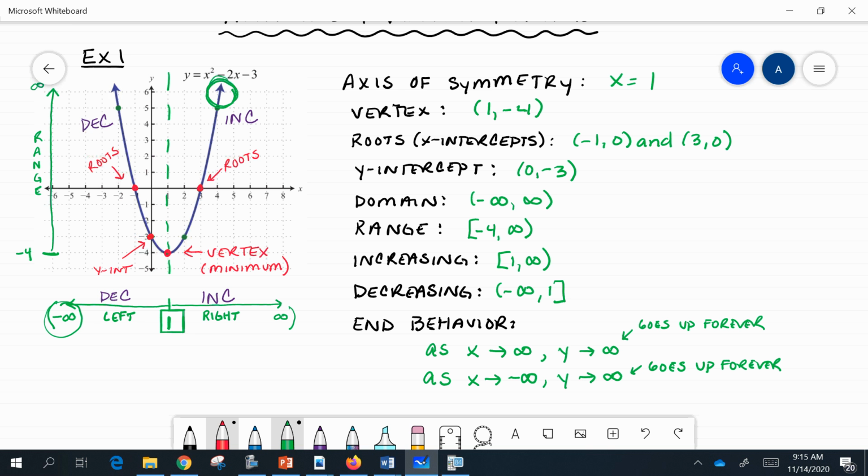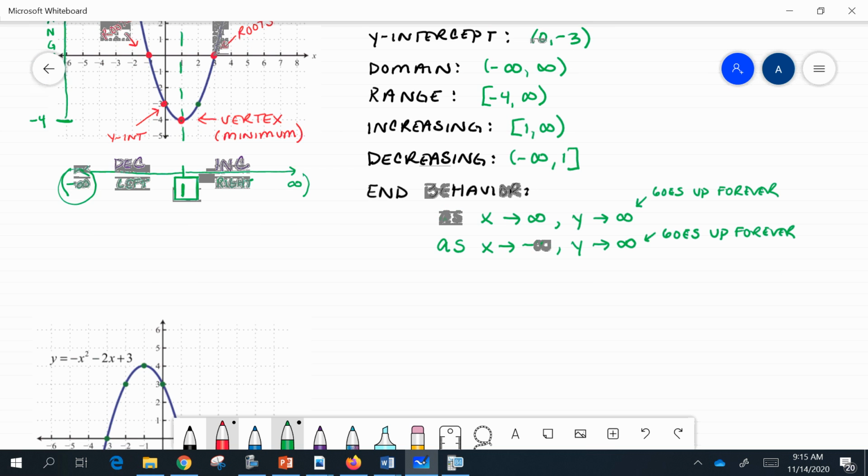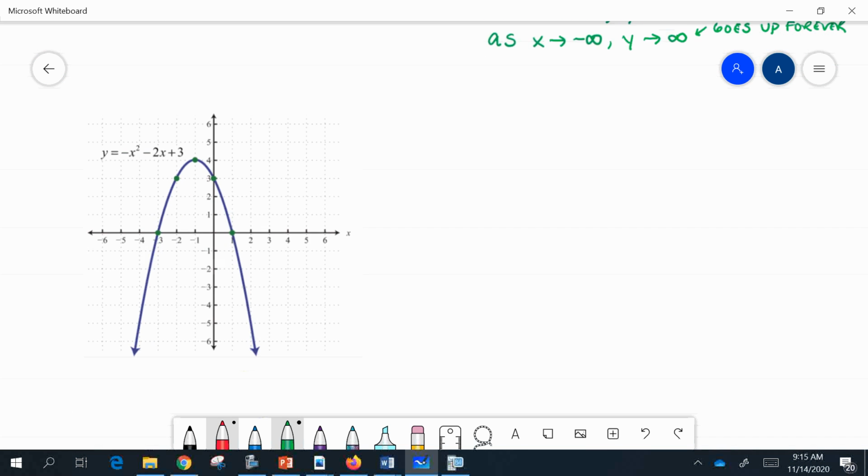So if we look at the arrows, you can see that this is really what we're talking about, is basically saying on the right side of the graph and on the left side of the graph, the y values are continuing to go up forever, so they're approaching infinity. That's a concept that we're going to continue to work on, and we'll get more practice in class.